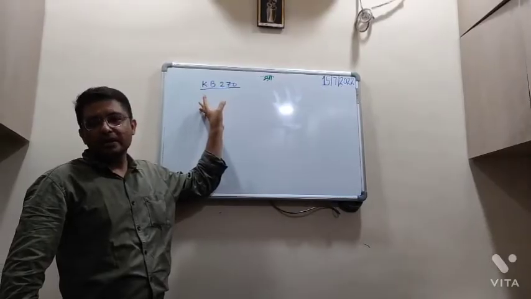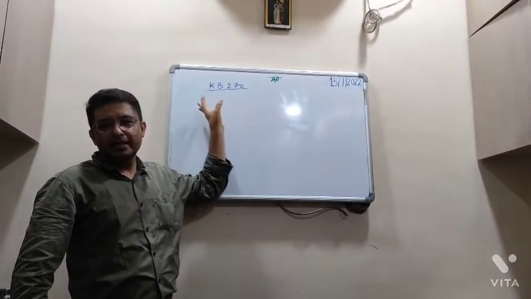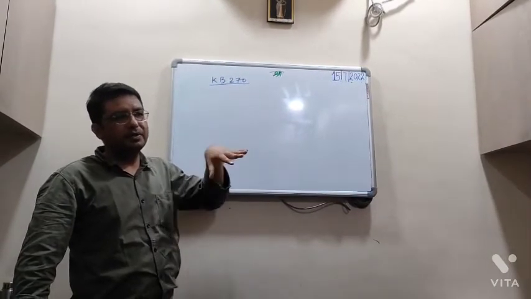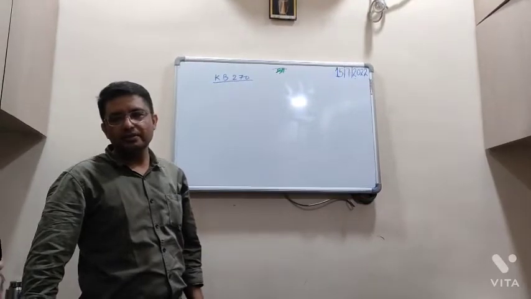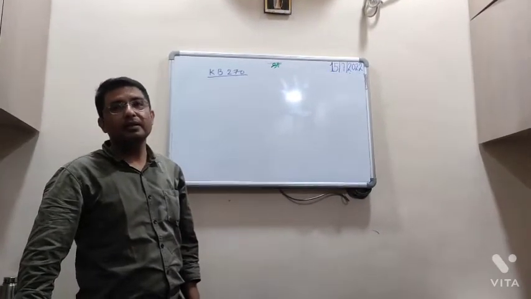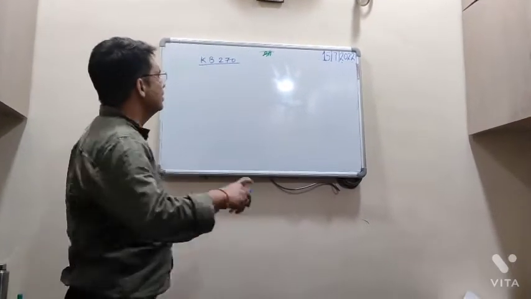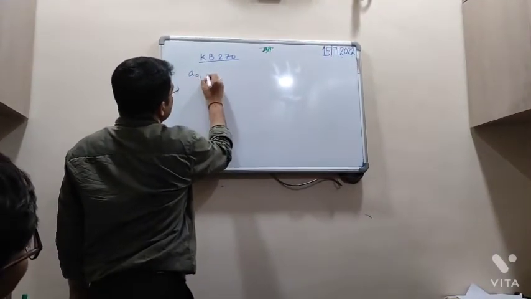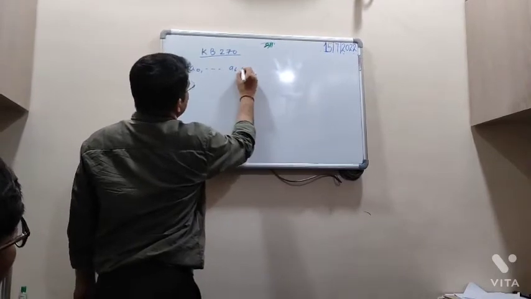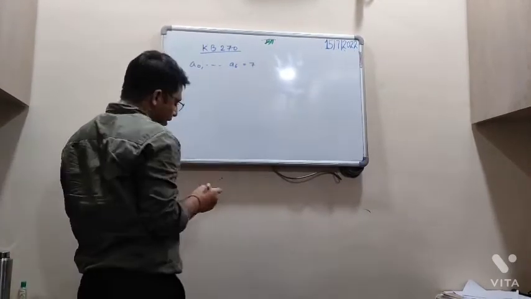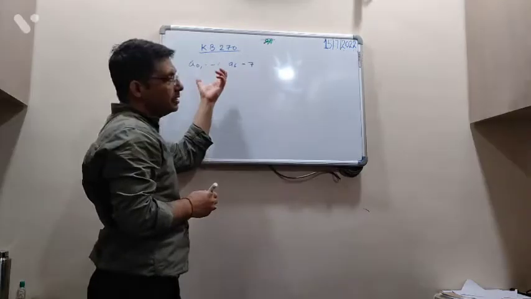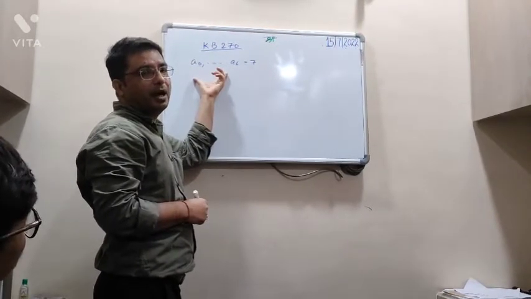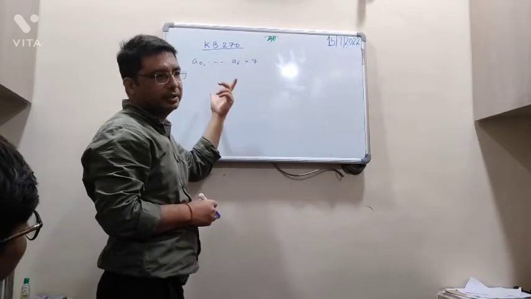So what are we going to discuss regarding KB-270, and in KB-270 what was our question? Regarding coefficients, right? So how many coefficients are here? It has A0 to A6, which means a total of 7. Now the question was where these coefficients come from and how to use them.